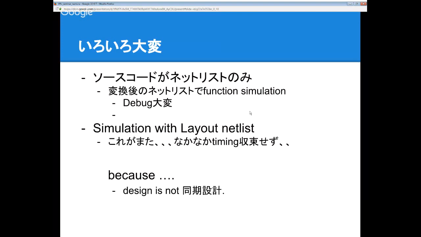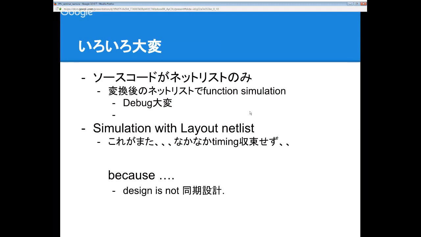I also did a simulation to verify the netlist. And when I got the converted netlist, I gave it to the third-party vendor to lay out.